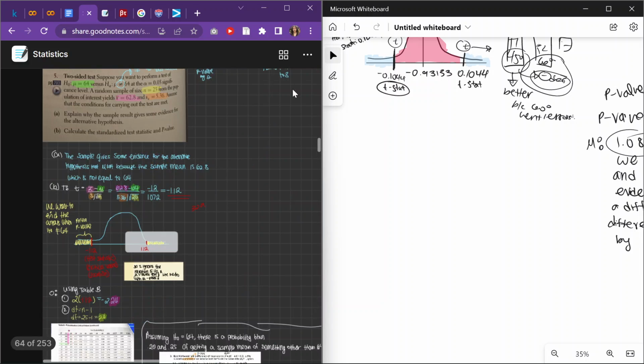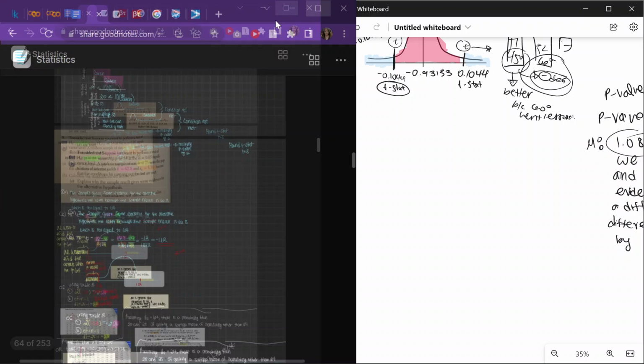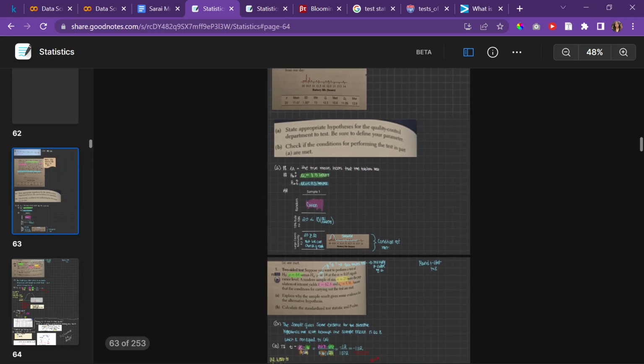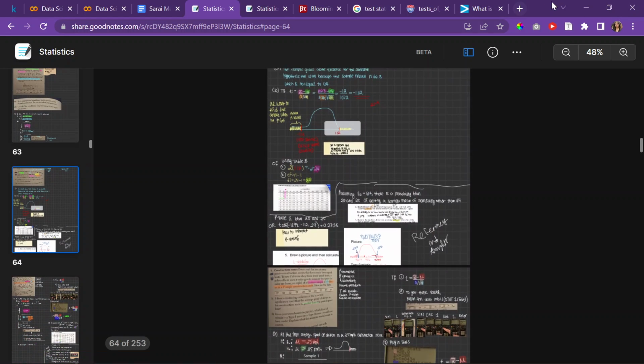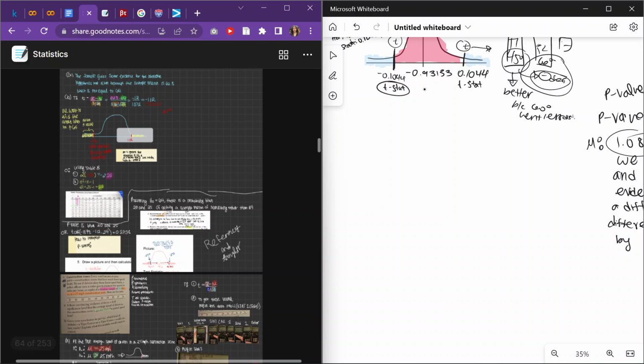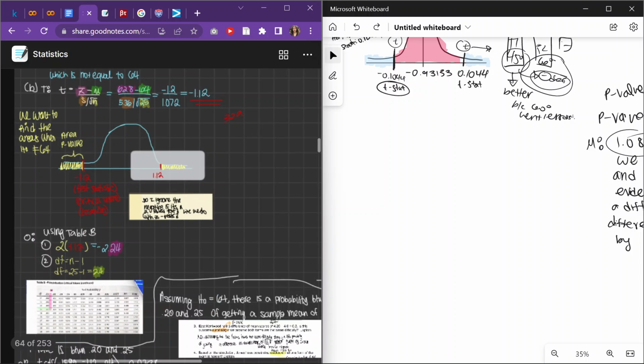Another way to do this is by using the t-test in your calculator. That way you don't have to multiply by 2. You just put your lower bound, your upper bound, and then just Google it. I'm just so frustrated that I can't explain the t-test.